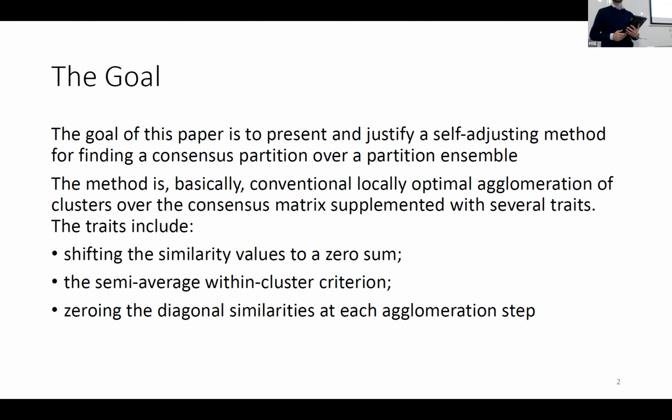The method is basically a conventional locally optimal agglomerative algorithm of clusters over the consensus matrix, supplemented with several traits. The traits include shifting the similarity values to a zero sum, the semi-average within cluster criterion, and zeroing the diagonal similarities at each agglomerative step.